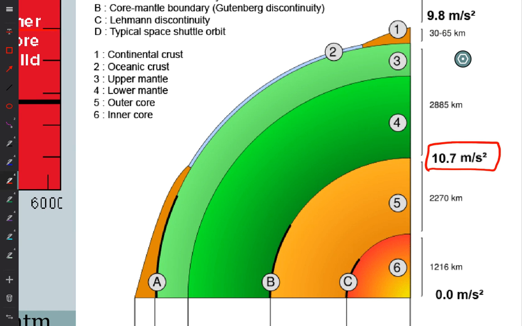Why would it be going up as you're going down? Because your distance to the more dense material is decreasing. Even though you have less dense material that you're leaving behind, it's no longer affecting you. You're getting closer to the more dense material, and so it's becoming a stronger effect.